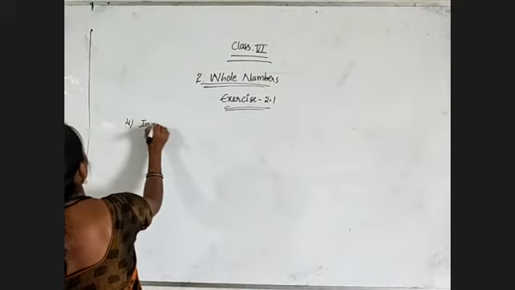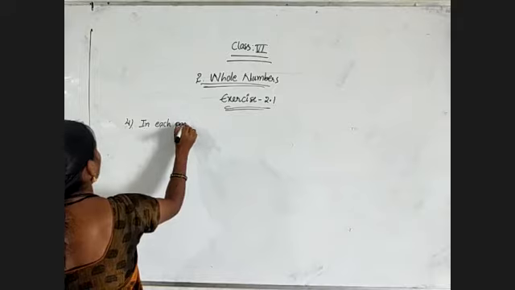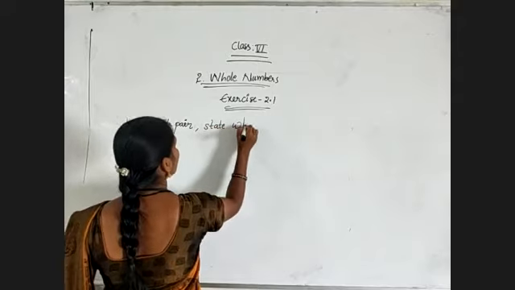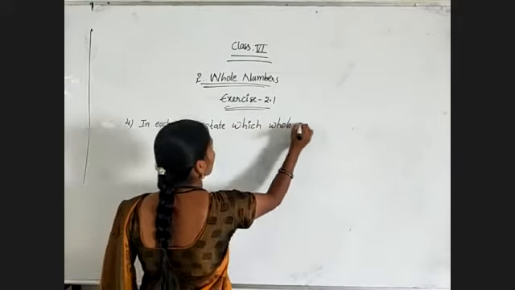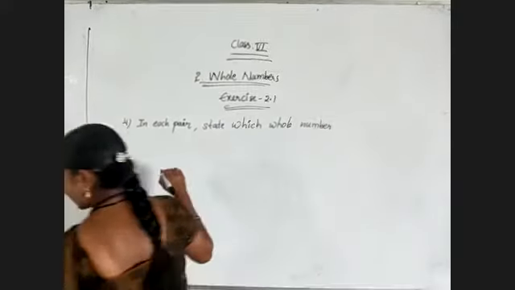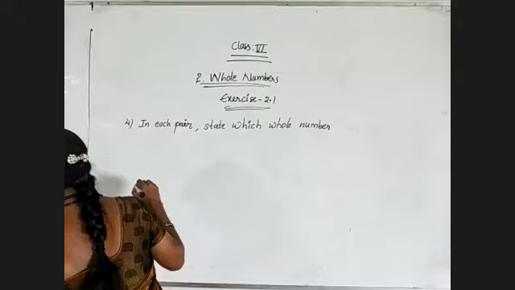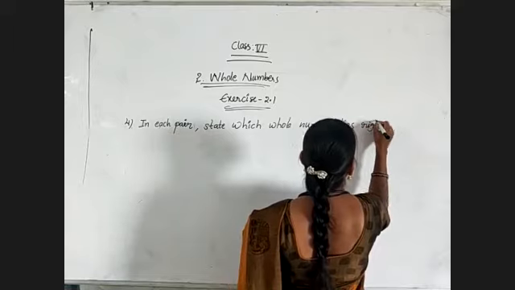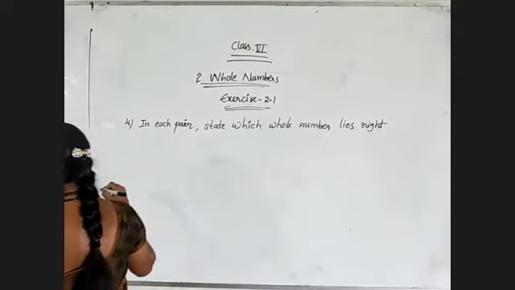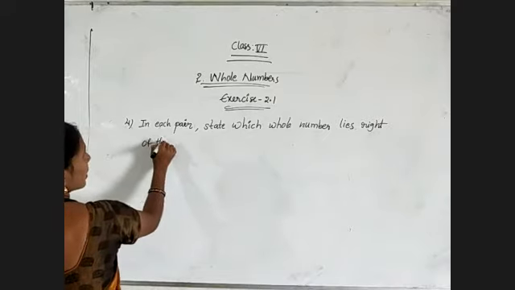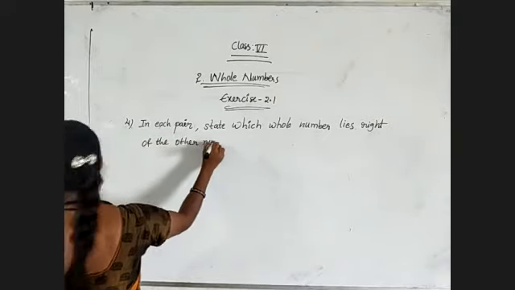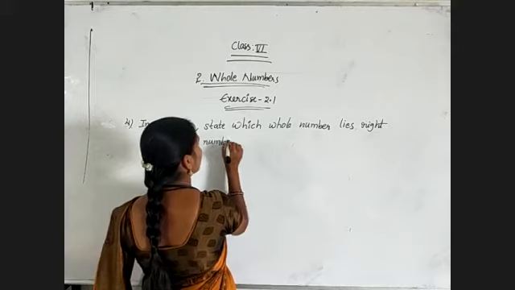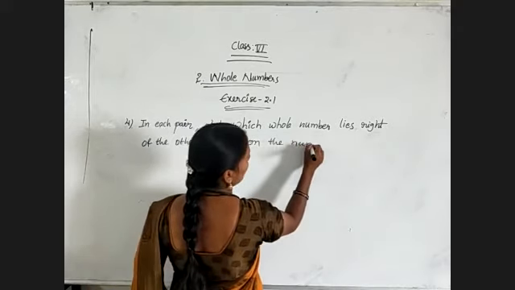In each pair, state which whole number lies right of the other number on the number line. So again a number line problem only.